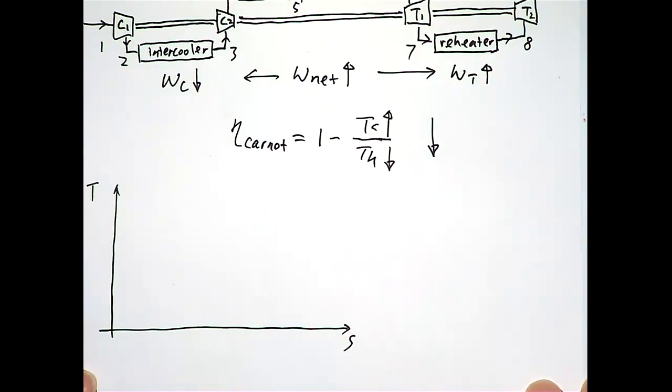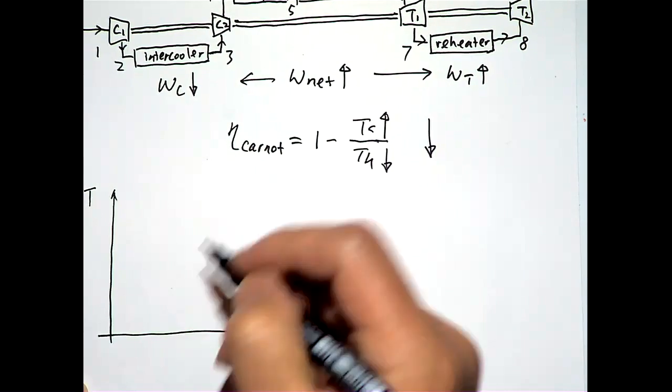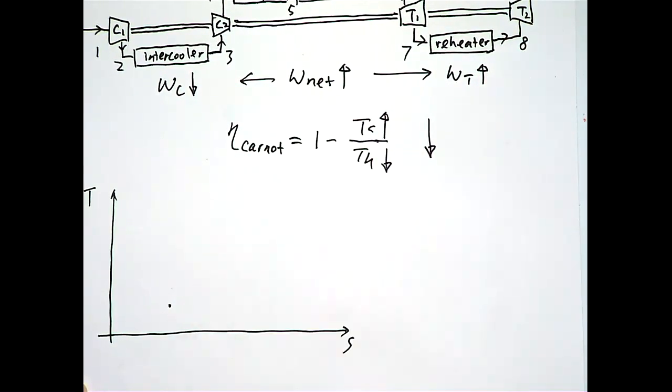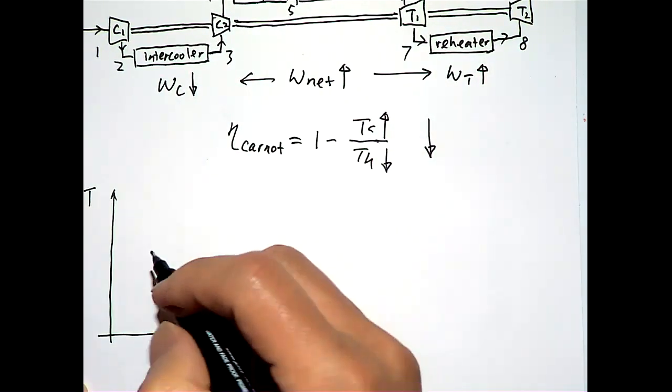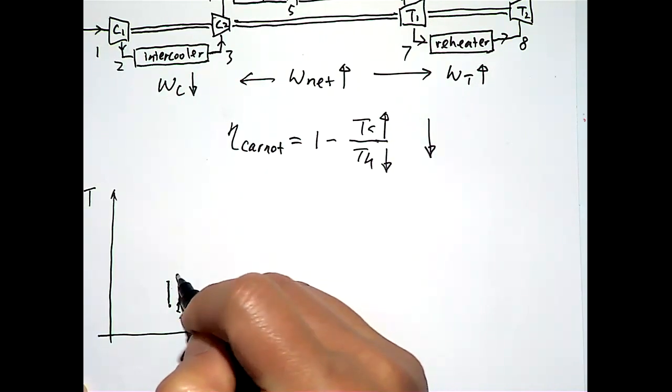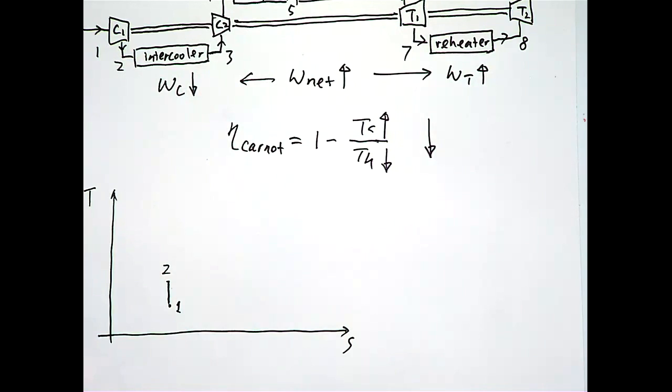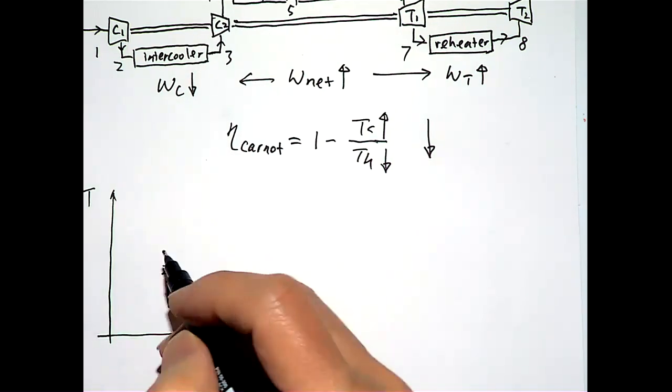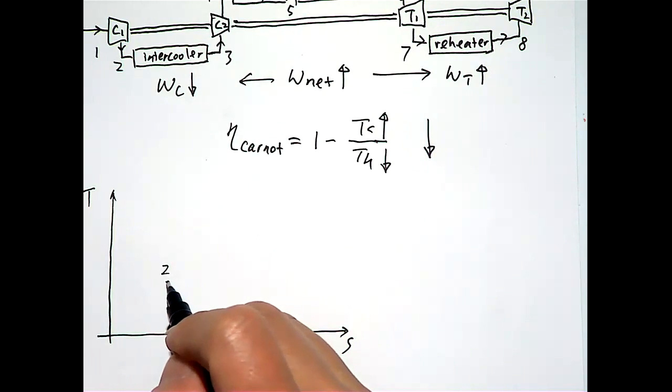On our TS diagram, the first is the initial state. We go through an isentropic compression process, so 1 to 2. And then the intercooler is essentially a heat rejection process. Basically you have a flow going through a heat exchanger and lose some heat. That's a constant pressure process, so we'll have a constant pressure curve there.